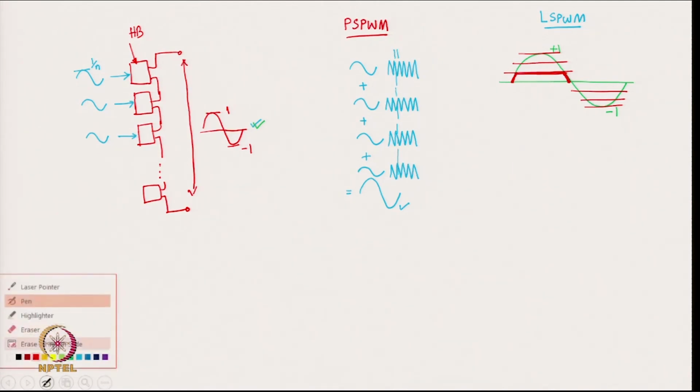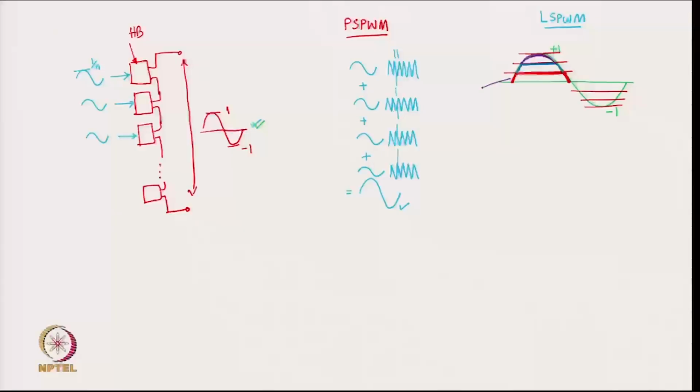The H bridge 2 can build up over it and can produce this part of the waveform and hold the voltage like this here. H bridge 3 can produce this part of the waveform. So, you can see that in level shift PWM, each H bridge is taking up the responsibility to produce a part of the waveform.